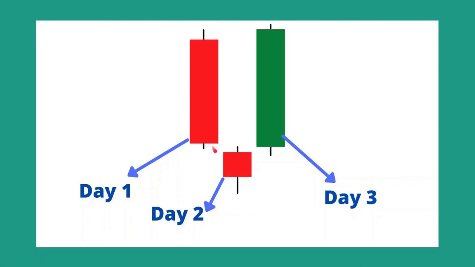So the final candle of the morning star pattern is a green real body that moves deeply into the first session's red candle, as you can see here. This panics the bears, and the green candle proves that the bulls have taken control and reversed the downtrend.